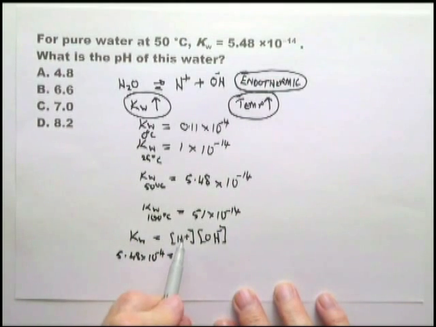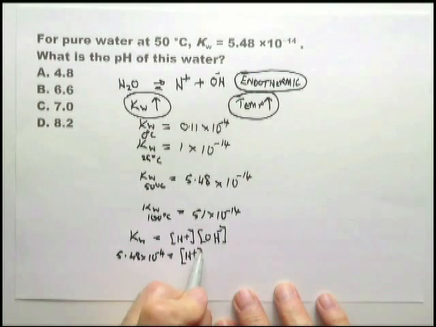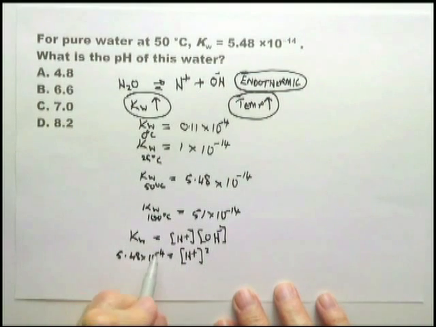And we know that this has the exact same concentration as that in water, so it's H plus squared. So we want to find the square root of this, the square root of that times the square root of that. That one's the easy one: 10 to the minus 7 equals H plus.